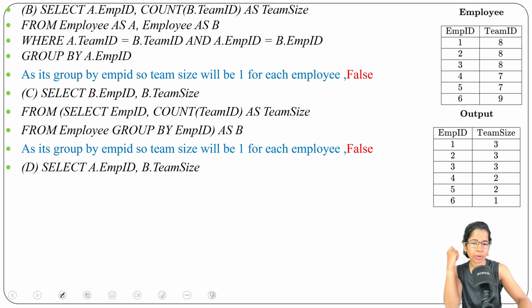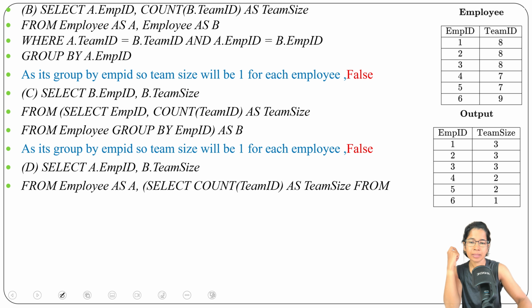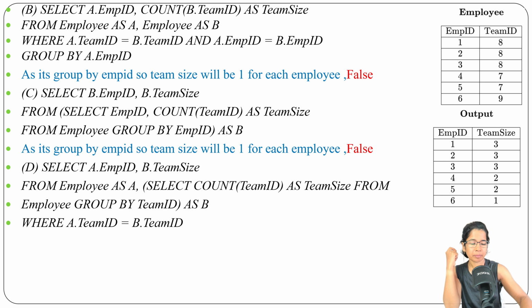Select A.employee ID, B.team size from employee as A. So this is our outer query. Next the inner query: select count(team ID) as team size from employee group by team ID as B, where A.team ID equals B.team ID. Let's run the inner query.